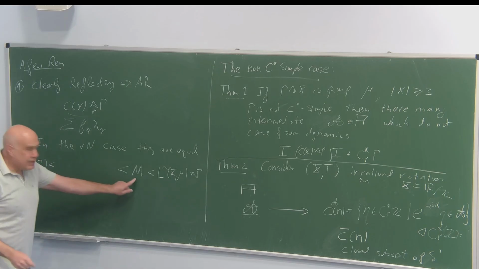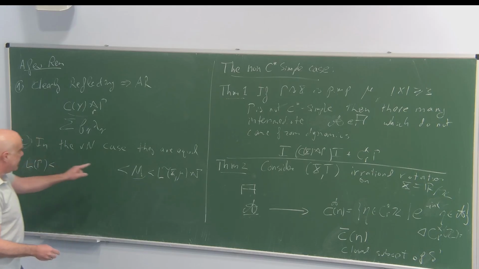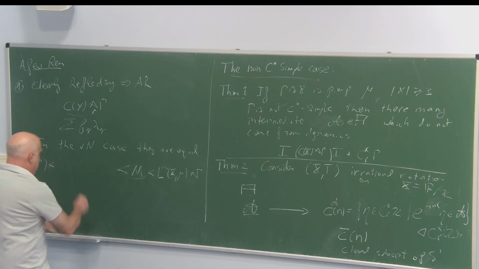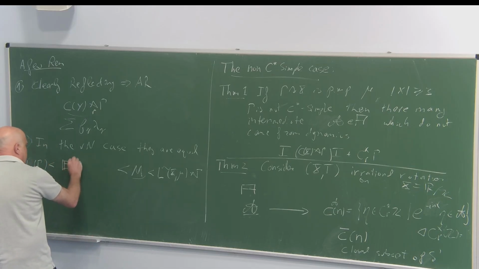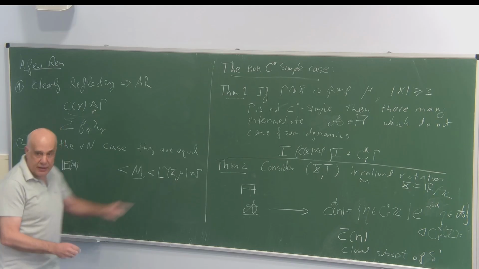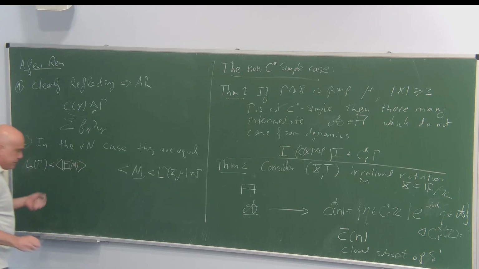And now let's assume that we are weakly reflecting. So let's assume that E of M is actually contained in M. Now of course E of M need not be an algebra, but I can look at the algebra that it generates. It somehow sits inside L infinity.